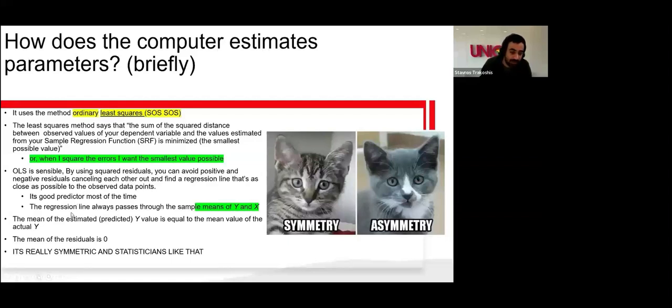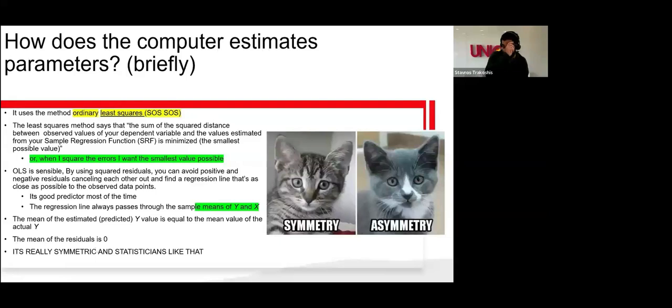It's a good predictor and it has asymmetric properties. For example, it passes through the sample means of X and Y every time. The mean of the predicted y values is equal to the mean value of the actual y, and the mean of the residuals is always 0.